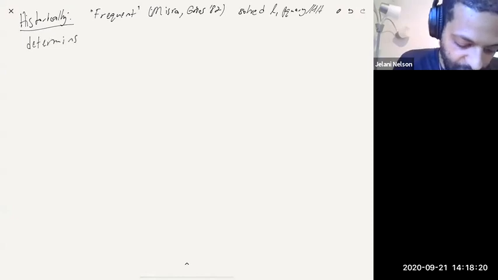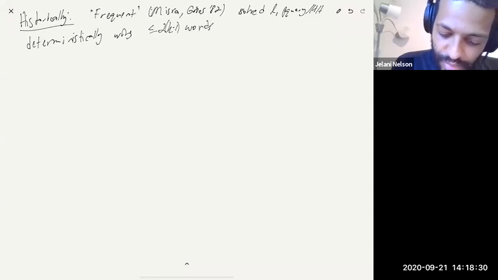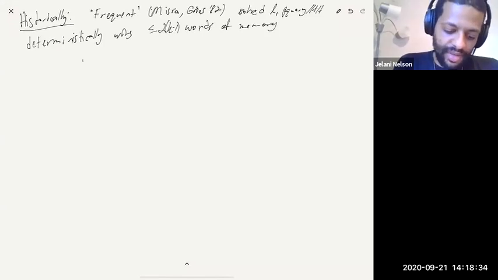It was not a randomized algorithm, using at most 2k words of memory. In fact, it was at most 2k minus 1 words of memory. But this algorithm is insertion only.